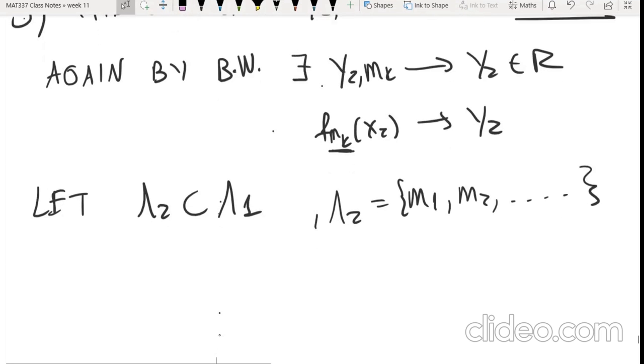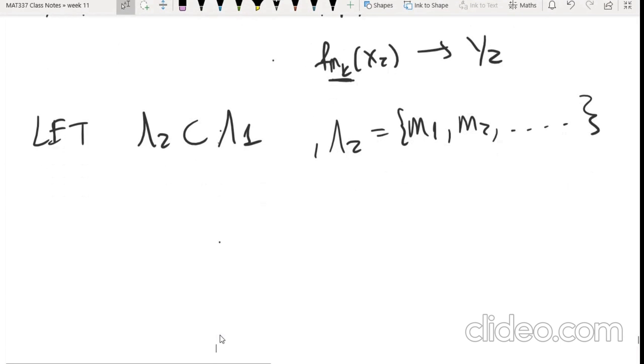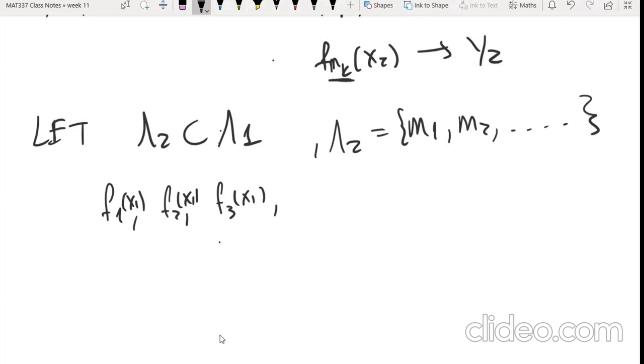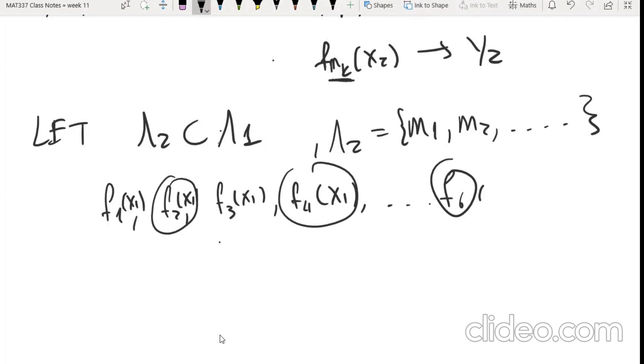So again, let me do the pictures. We started with f1, f2, f3 at x1, and so on. And then let's say we took the even guys, f2, f4, f6, and these guys converged. Okay, that was for x1.